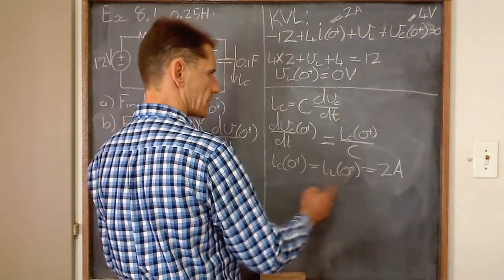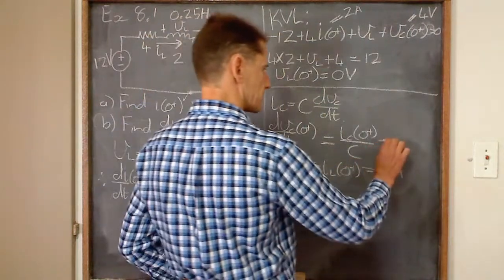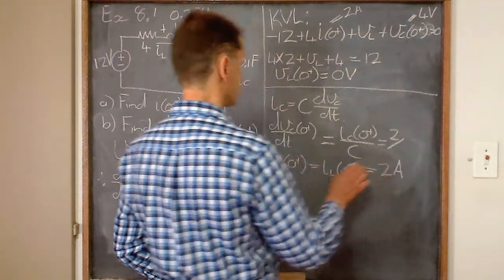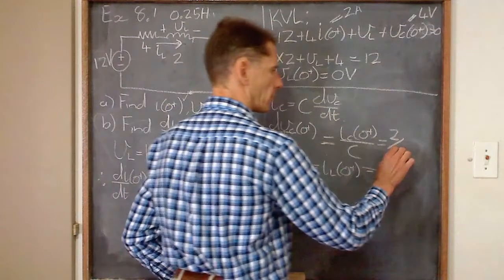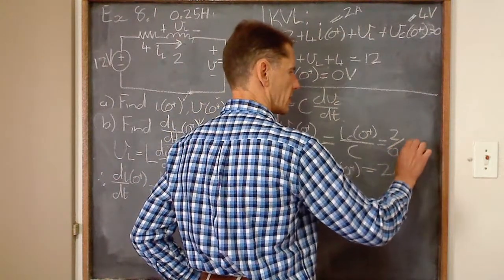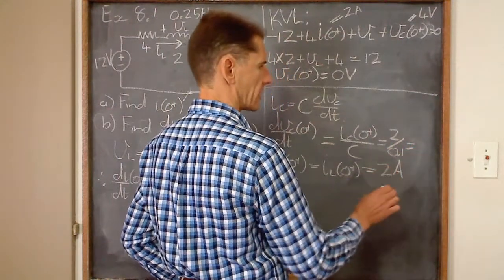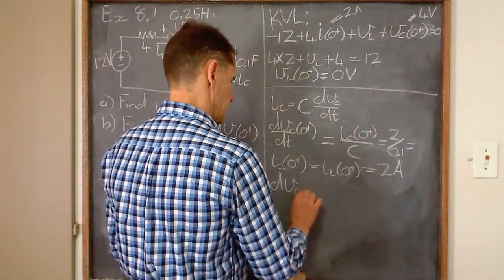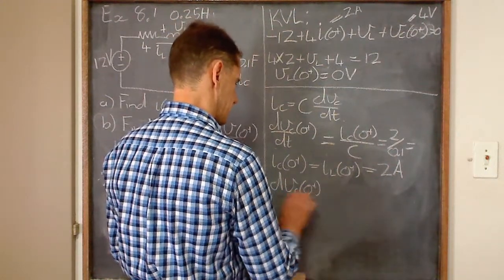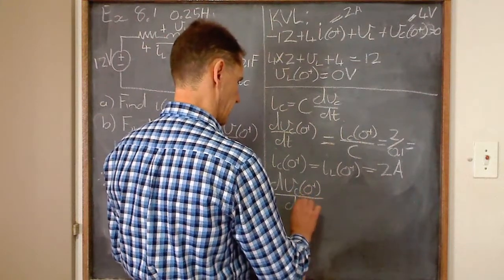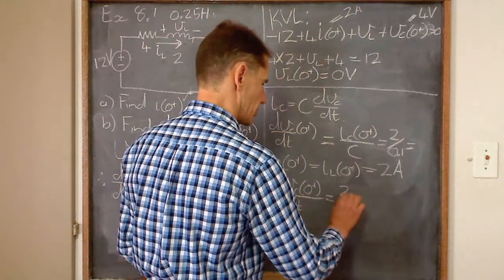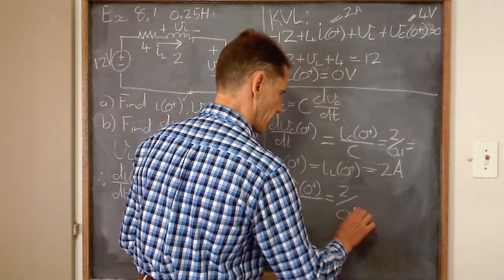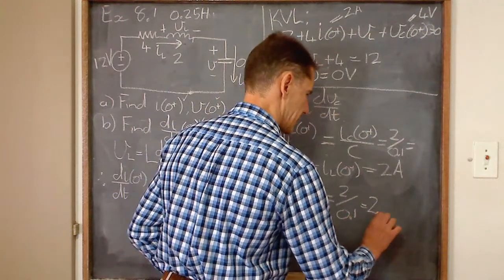So now we can substitute this back in here. So we've got 2 divided by, what's the capacitance? 0.1. So we've got not enough space to write this thing out. So I'm just going to write dVC/dt at 0 plus is then 2 over 0.1 equals 20.